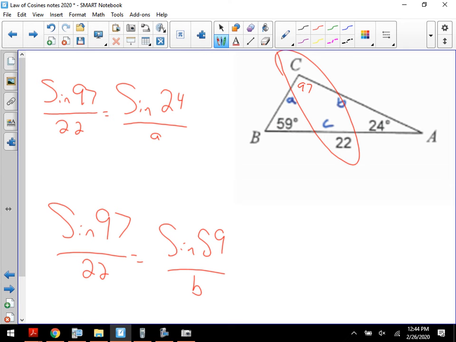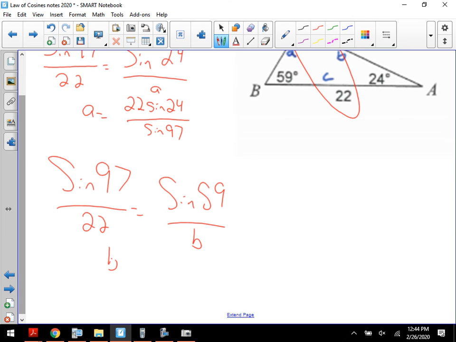The only thing that's different is numbers. Multiply by the denominator for both of them. So little a will be 22 sine of 24 over sine 97. Little b, 22 sine of 59 over sine 97.